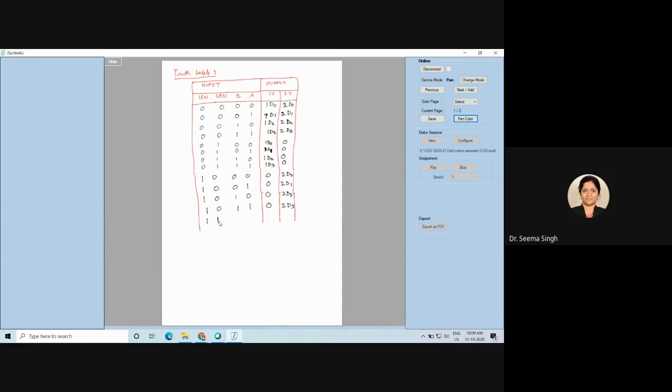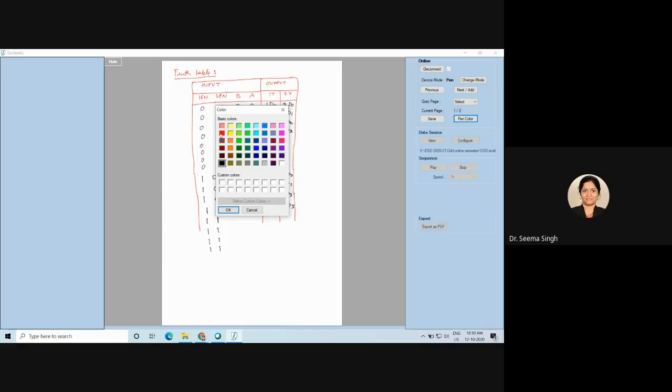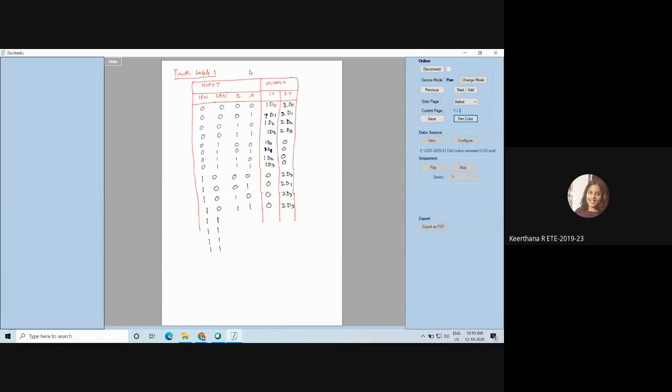Last may you will have 1 1. Now when both the inputs are 1 1 and all the 4 cases here will be 1 1, what will happen? It's 0, ma'am. Both the columns.